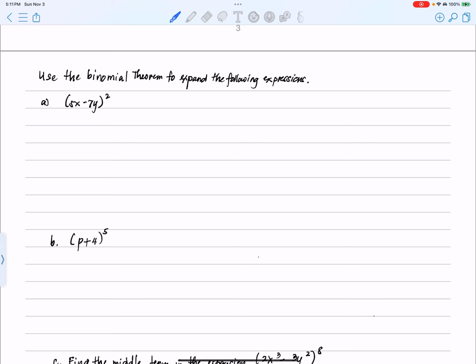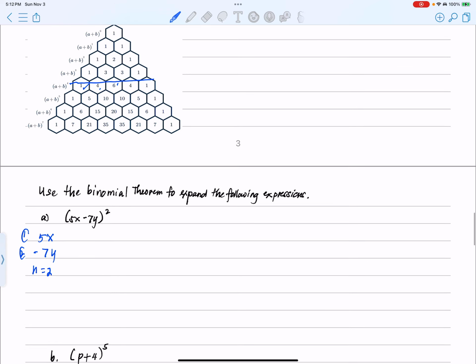All right. So the first term is 5x. The second term is negative 7y. And n is 2. Okay, I'm going to look for n when it's 2.